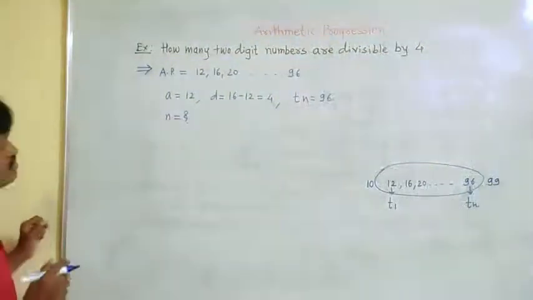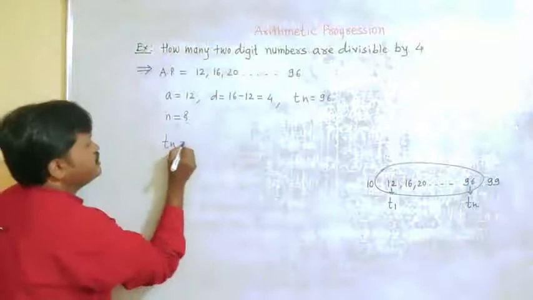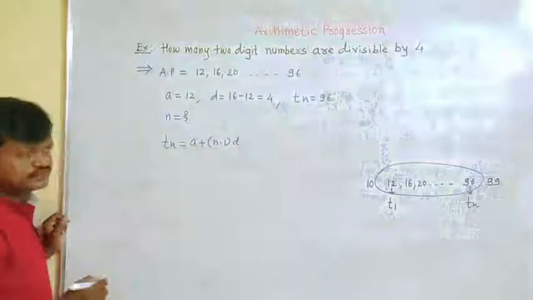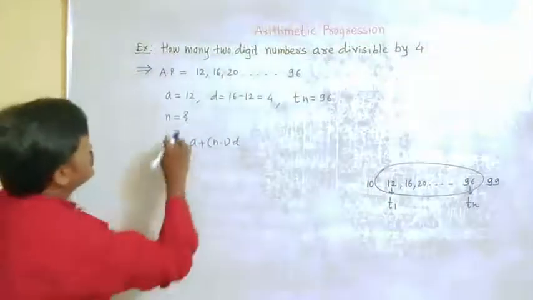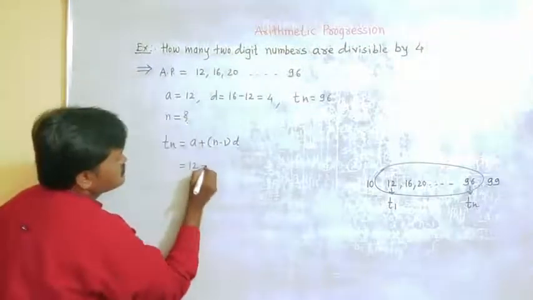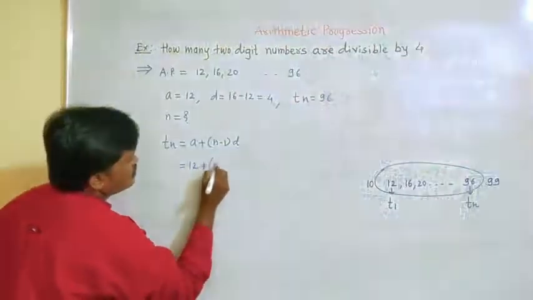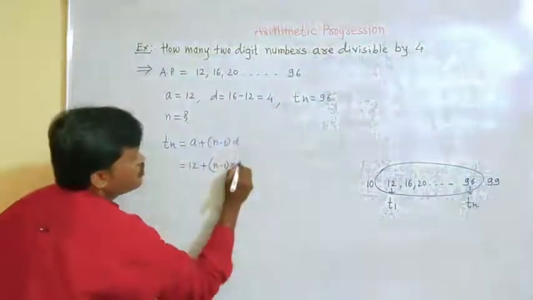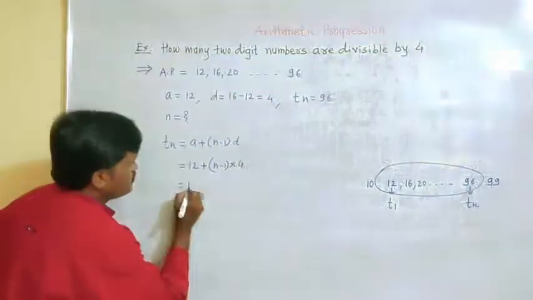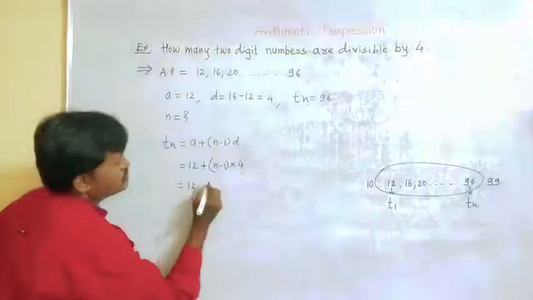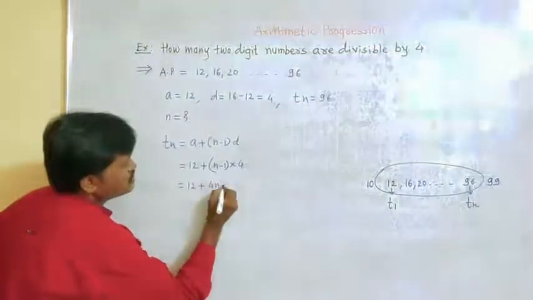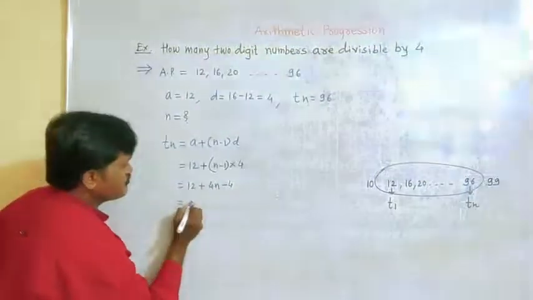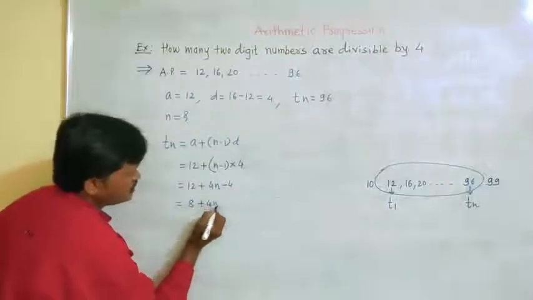We use the formula Tn is equal to A plus n minus 1 into D. Put in the values: A is 12, plus n minus 1, and D is 4. Solve this: 12 plus 4 into n, that is 4n. 4 into minus 1 is minus 4. So 12 minus 4 is 8, plus 4n.